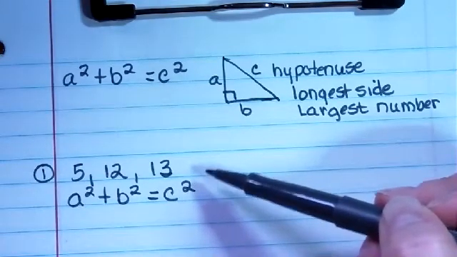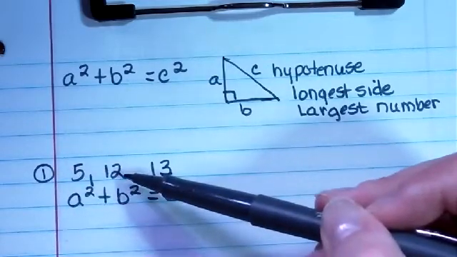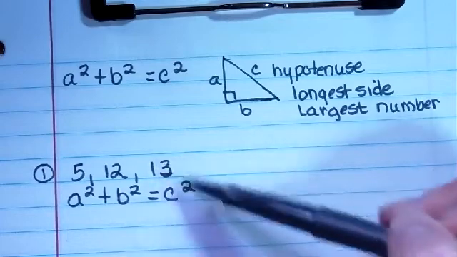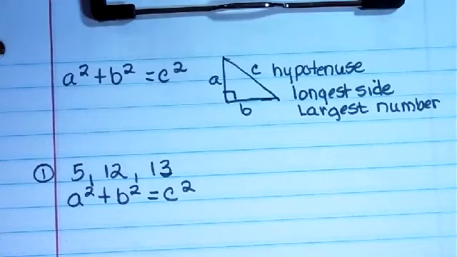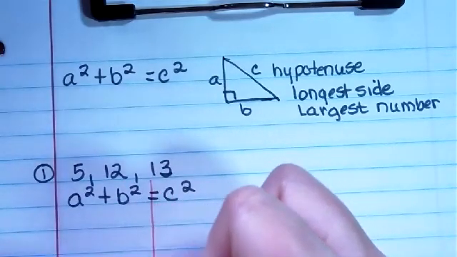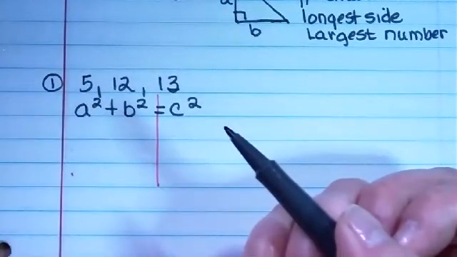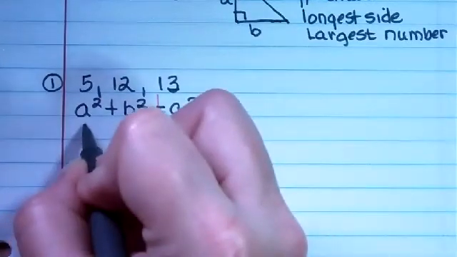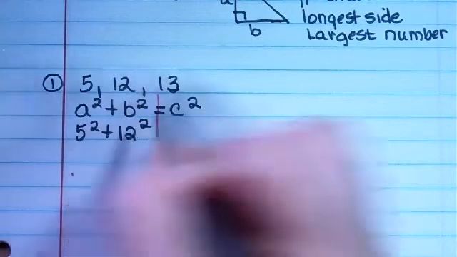I'm going to let the smallest number be A, the medium number be B, and the larger number be C. This equation may be visually helpful for you if you put in the river right here, if you want to. Now, if I substitute the 5 and the 12 in for the A and the B, I'm going to have 5 squared plus 12 squared.